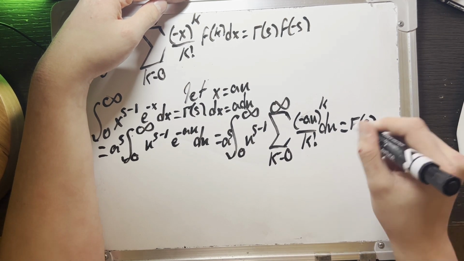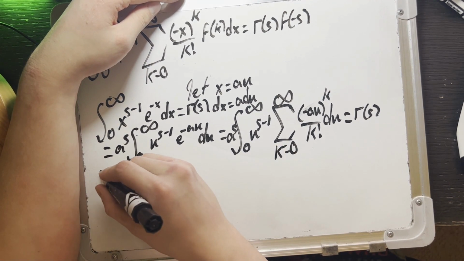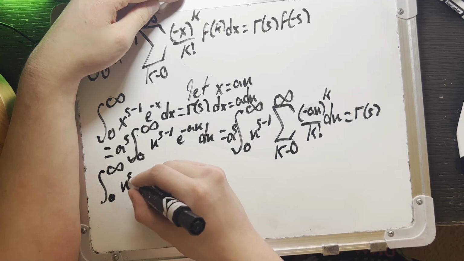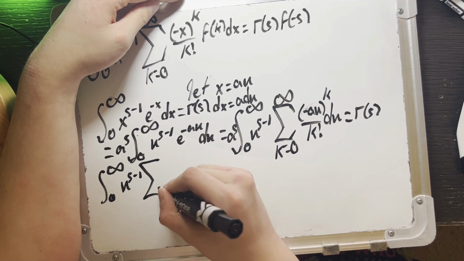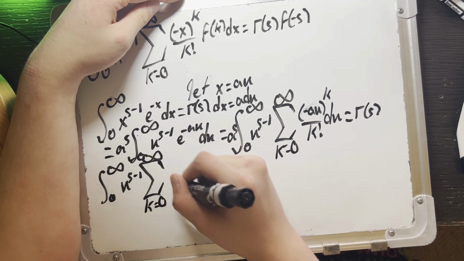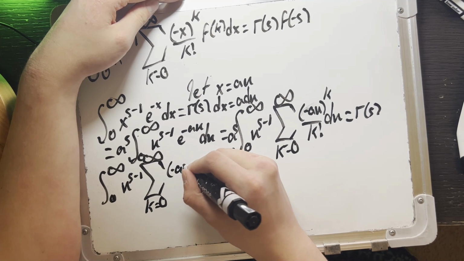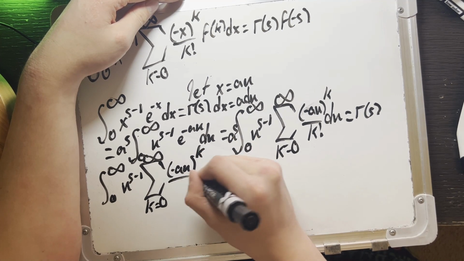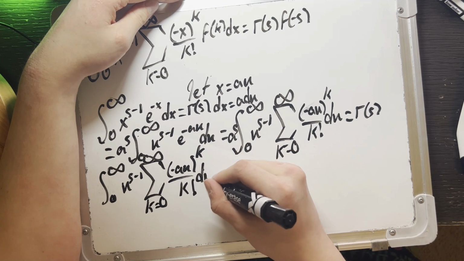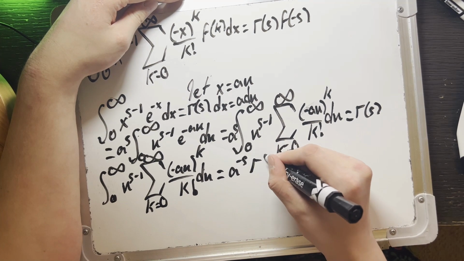Okay. Divide both sides of the equation by a to the s. You get the integral from 0 to infinity, u to the s minus 1, sum as k equals 0 to infinity, and we have minus a u to the k over k factorial du equals a to the minus s gamma of s.